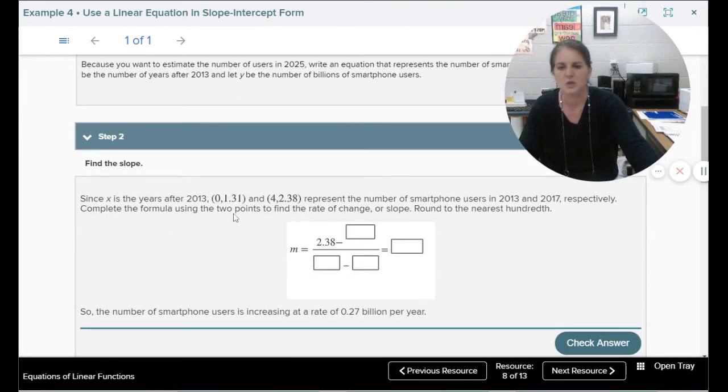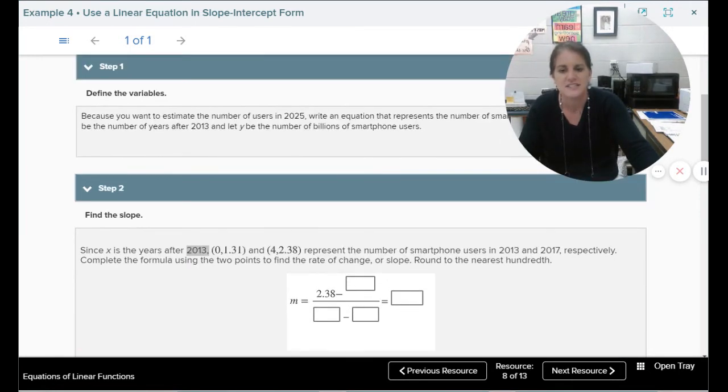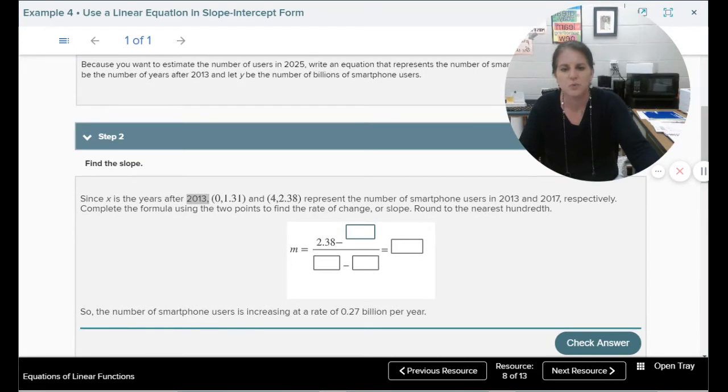So we're going to look at 0, comma, 1.31. That shows that in 2013, since that's our starting year that we're looking at, is our 0, there was 1.31 billion. 4 years later, in 2017, there was 2.38 billion. So we're going to complete the formula. 2.38 minus 1.31.